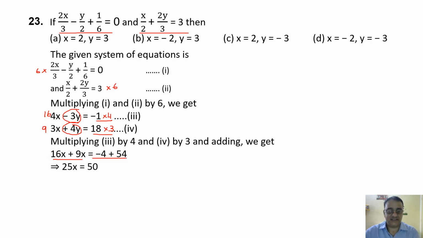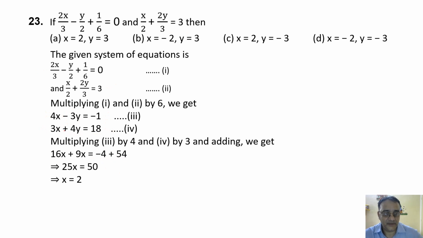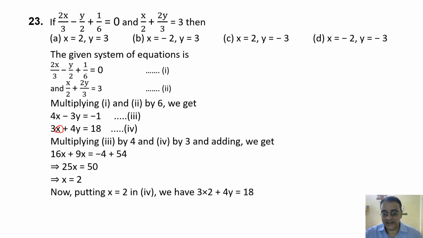So what is the value of x? 2. Right. So now we are going to substitute x is equals to 2 in equation 4. यहाँ पे. So 3 into 2 plus 4y is equals to 18. 3 into 2 is 6. Shift to this side. Oh, this is 6 only.